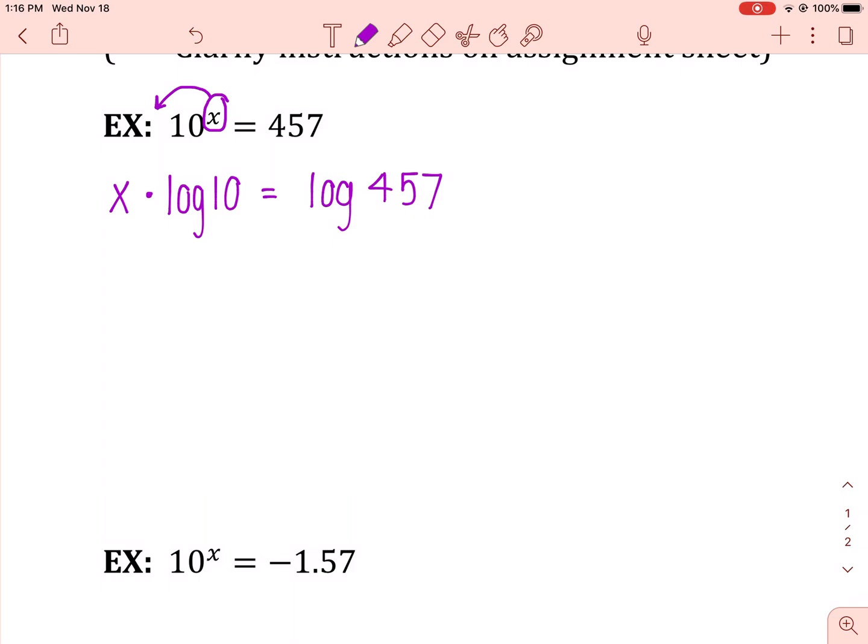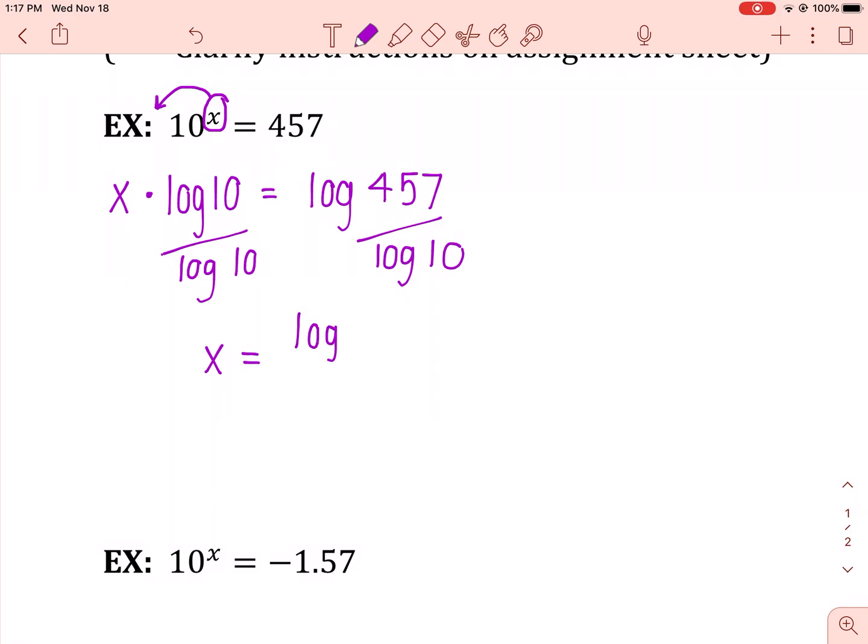Notice the only thing that happened is the exponent gets popped up to the front and is being multiplied. This now makes it much easier to get x by itself, because I can just undo multiplication with dividing by log base 10. So I'm going to do that to both sides. That means I'm going to get x equals log of 457 over the log of 10.